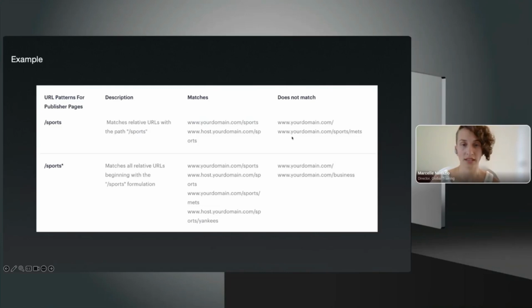So even this URL that says your domain /sports/Mets doesn't match, because it has something after sports. Alternatively, if you have sports with an asterisk after it, then all of these things that have things after, like Yankees or Mets or whatever, those match because there's something that comes after it, and you've said that that's okay with the wildcard rule.